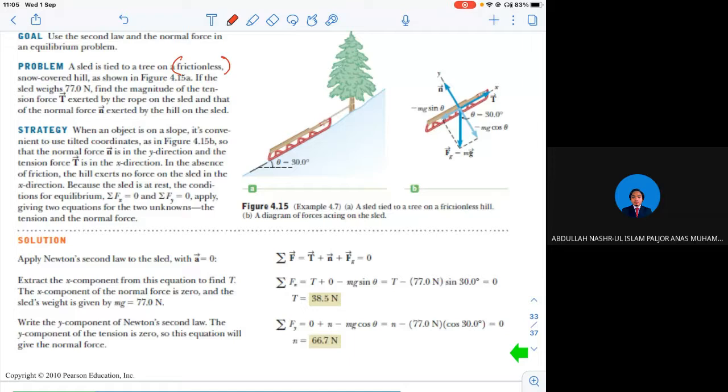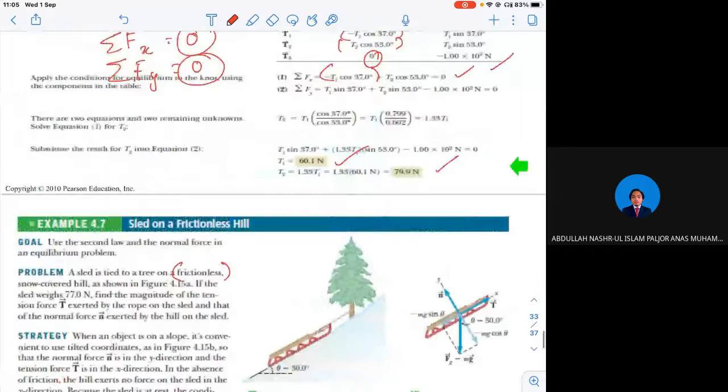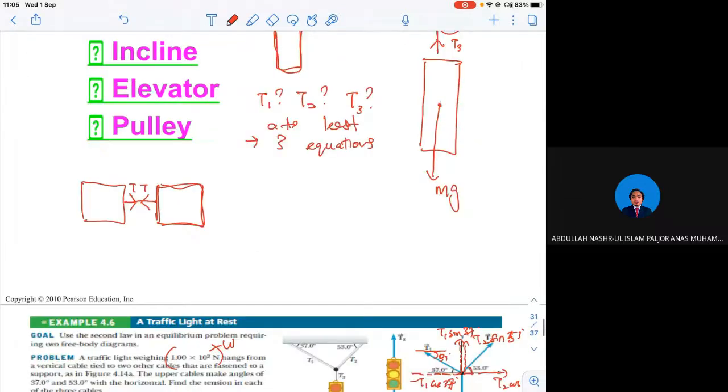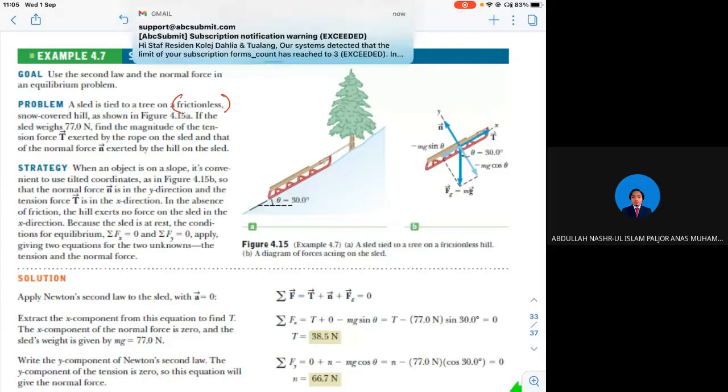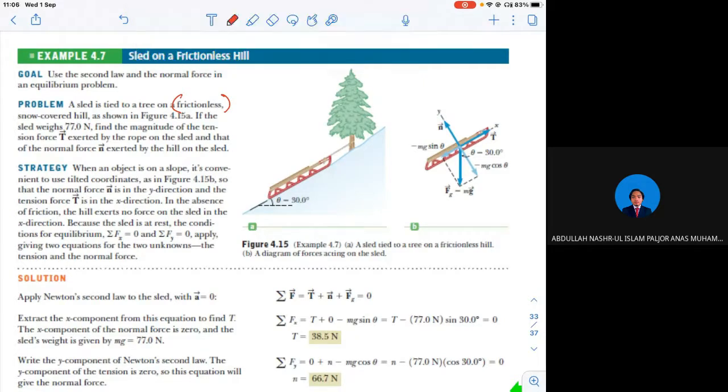This situation actually involves three applications altogether. It's not just an inclined situation, it also involves tension.